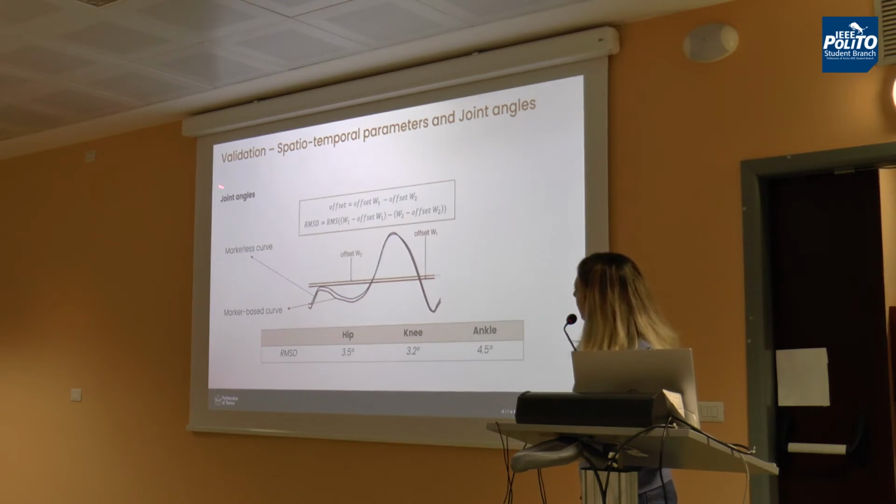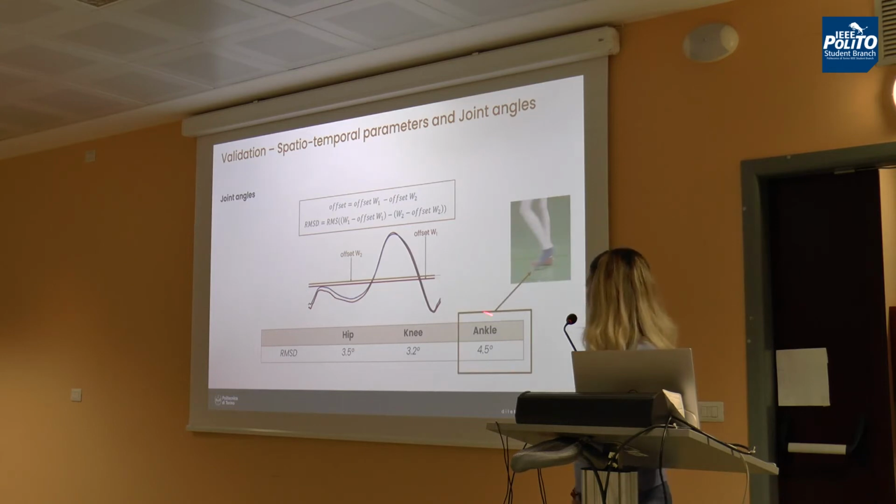For the joint angles, I calculated the root mean square error between the markerless curve and the marker-based curve in order to obtain these errors, which are due mainly to different definitions of the axes of the two systems. In particular, we can notice that the angle shows the highest error because the Kinect 2 provides blurred images due to the automatic exposure time of the camera.